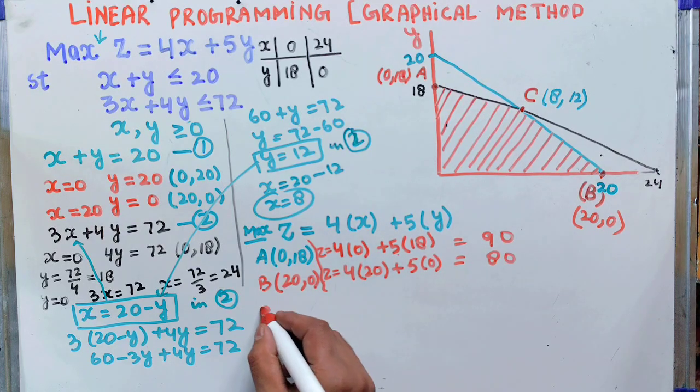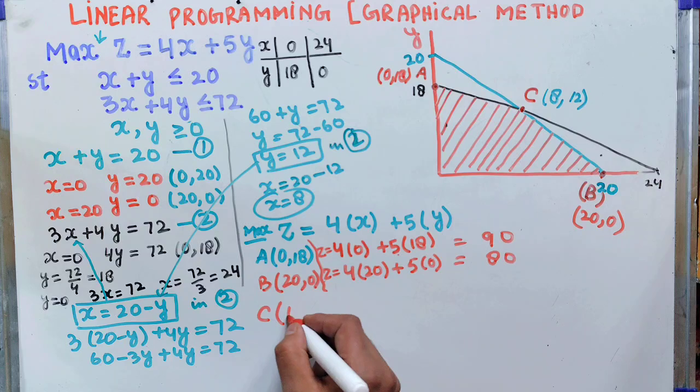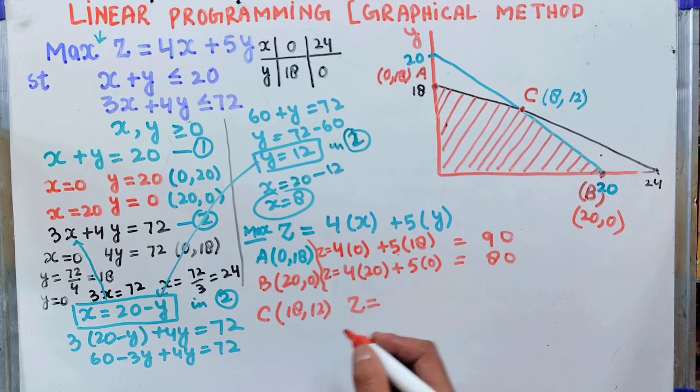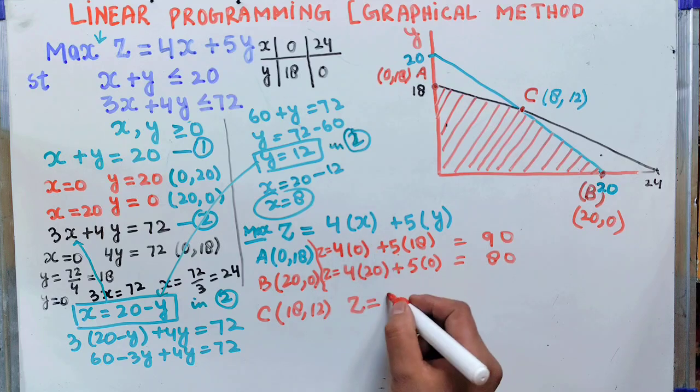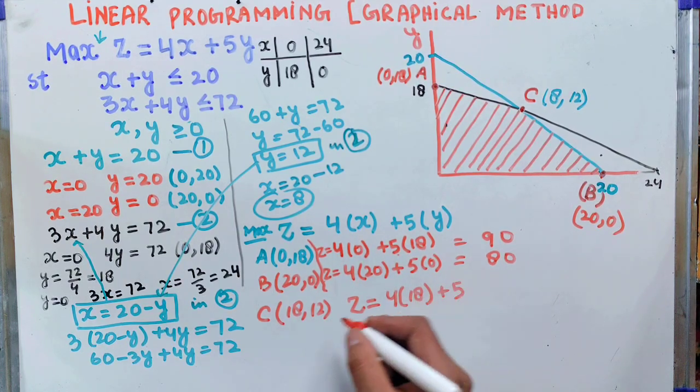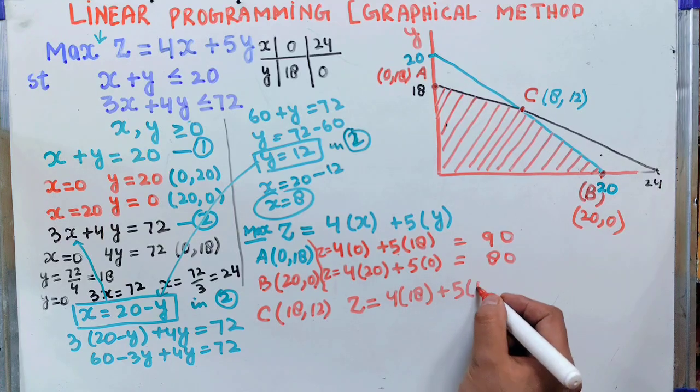Now we need to check at point C. At point C we have 18 and 12. So what will be the value of z? Let us find out. So 4 times the value of x is 18, plus 5 times the value of y is 12.